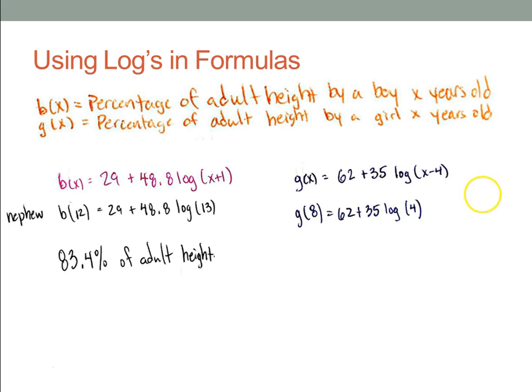So 8 minus 4 is definitely 4. And using the power of my calculator, she's reached 83.1% of her adult height. Sadly, this means that according to these formulas, my 8-year-old niece is almost the same percentage of her adult height as my 12-year-old nephew. She's going to be shorter than him. That's basically what these formulas are saying.